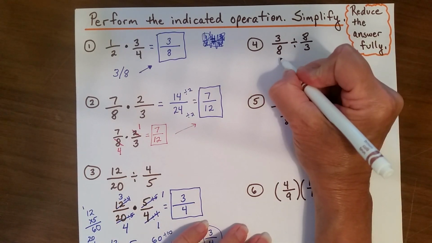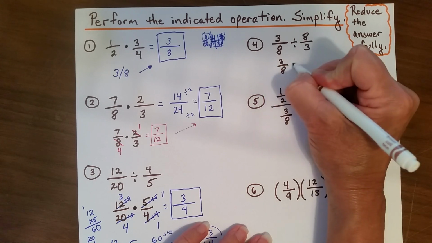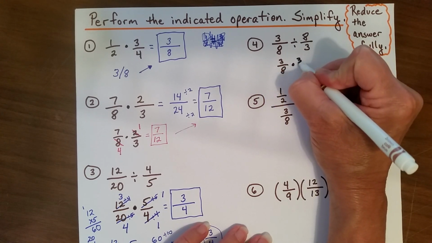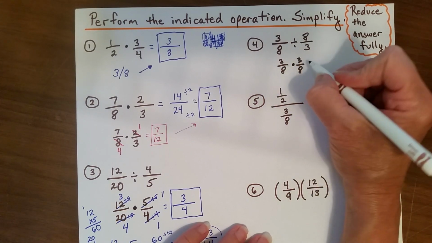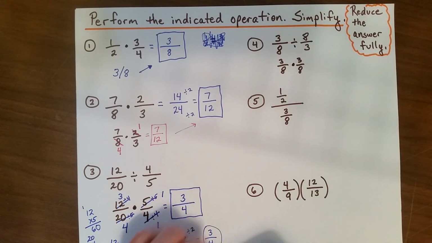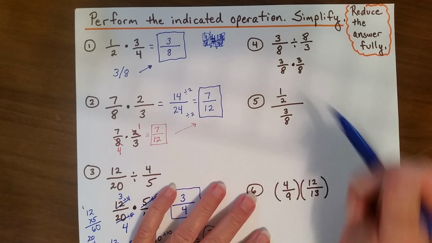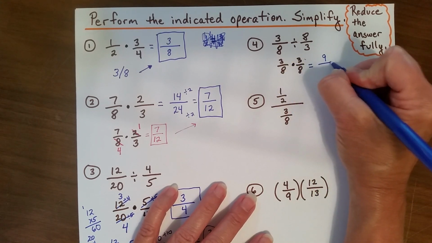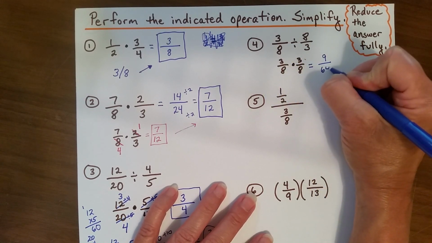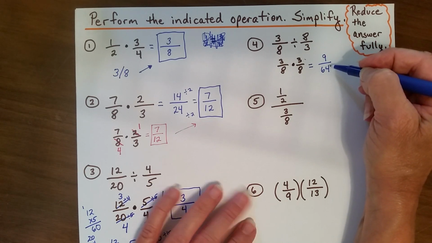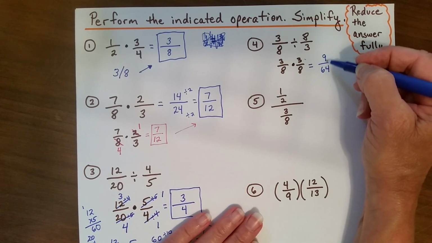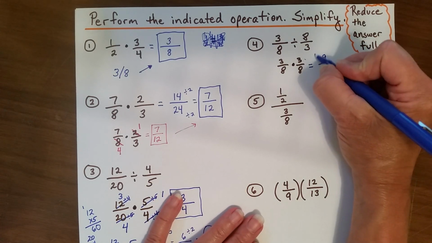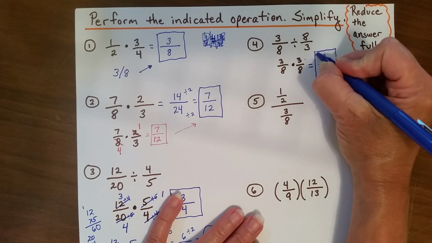So I'm going to take 3/8 times the reciprocal, which is 8/3. Now let's multiply across. 3 times 3 is 9. 8 times 8 is 64. Now 9 and 64 do not share a common factor, so that's completely reduced. So that'll just be 9 over 64.